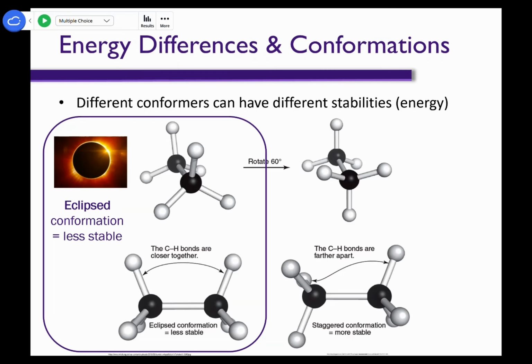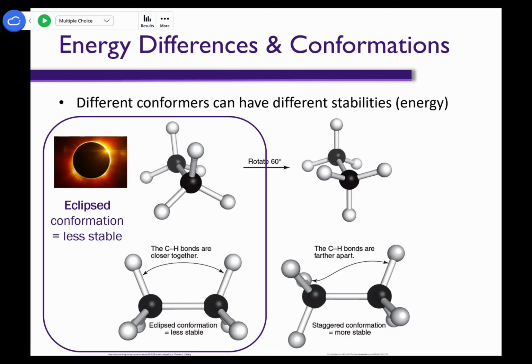When you think about a lunar or solar eclipse, I'm not an astronomer, so it's when the moon blocks out the sun, right? Or the earth blocks out something. But it's when they're exactly overlaid. They're eclipsing one another.